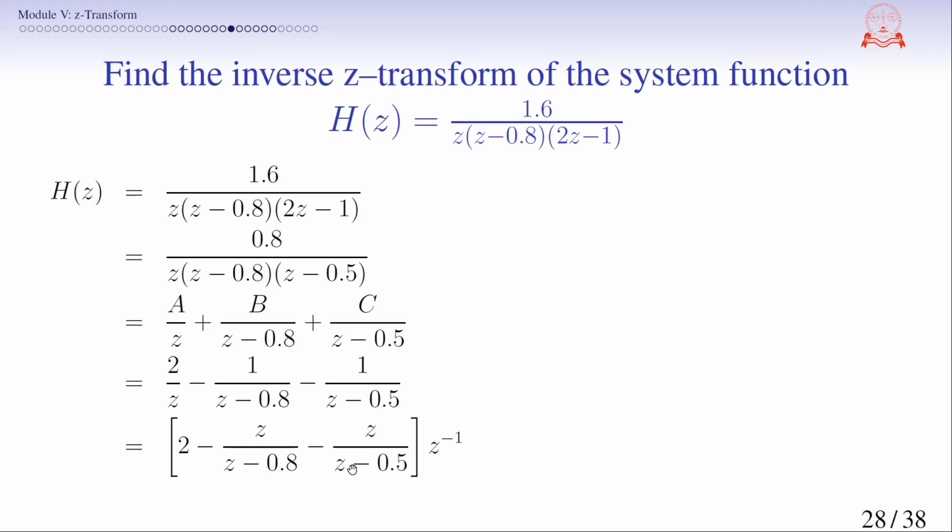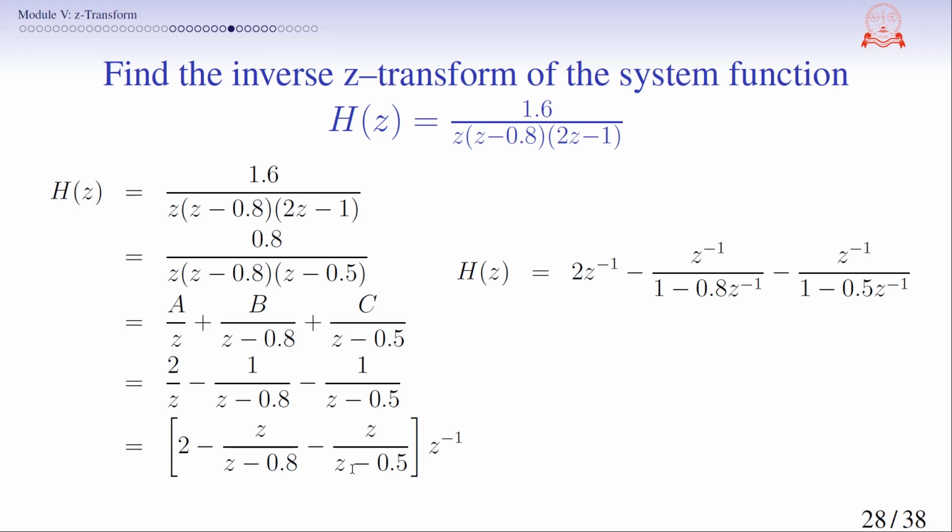The inverse transform pair of the expression within the square bracket can be written as 2 into delta of n, the second term can be represented as 0.8 raised to n u of n, and the third term can be represented as 0.5 raised to n u of n.